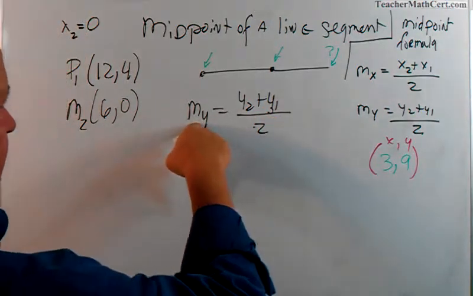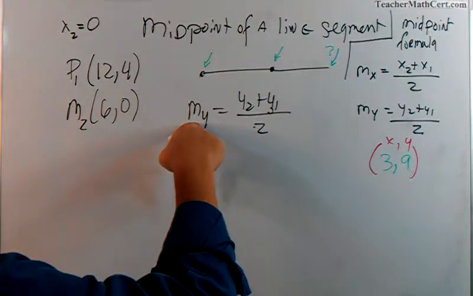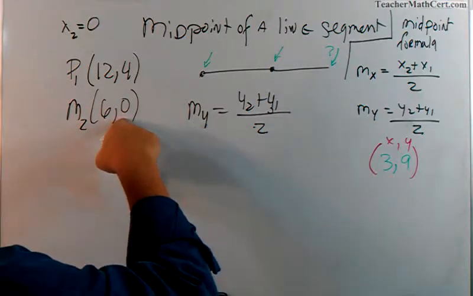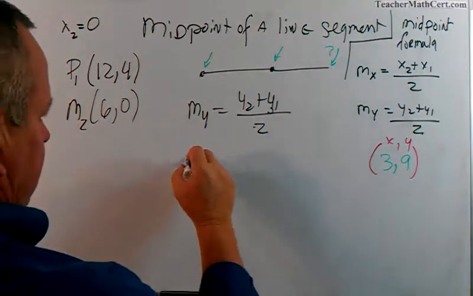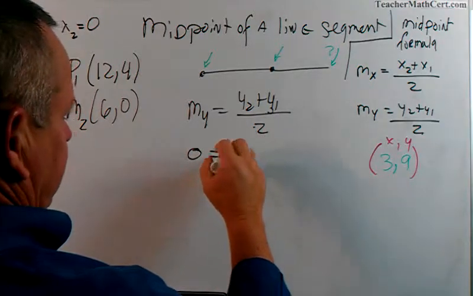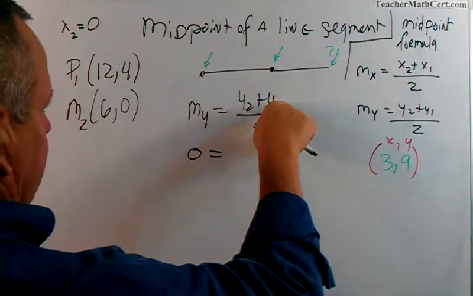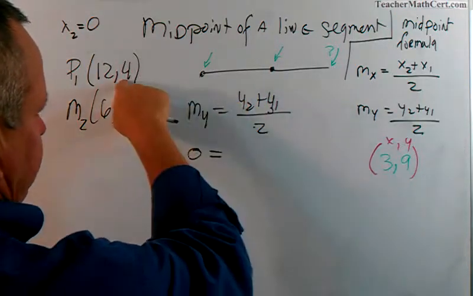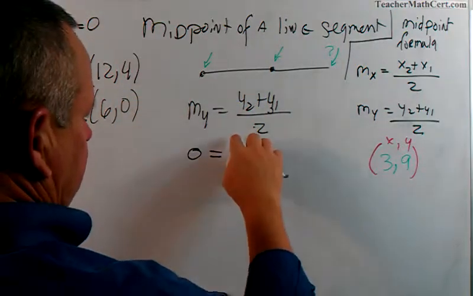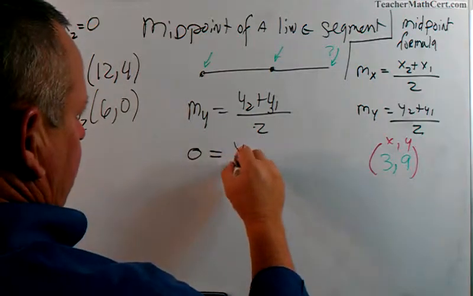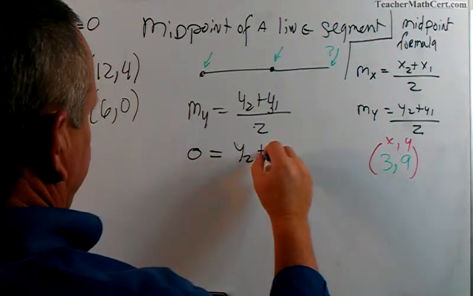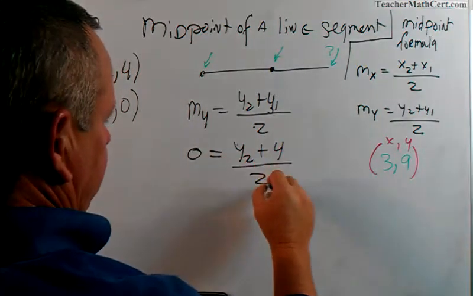But we have the midpoint value for y, right? It's right here, it's 0. So 0 is equal to, and what do we have also? We have point 1. The y value for point 1 is 4. So we've got y sub 2 plus 4 over 2.